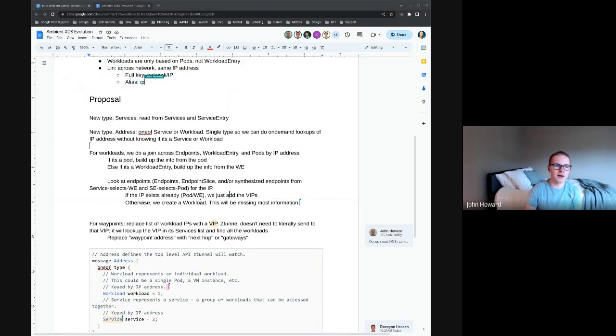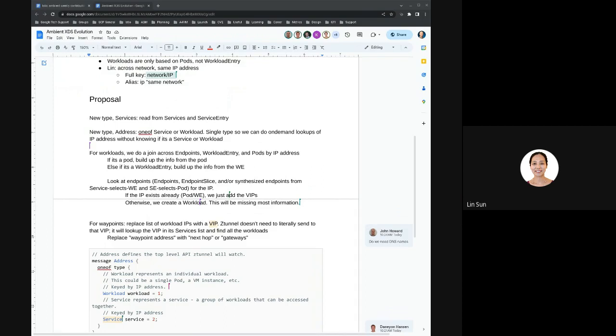And then we would allow zTunnel to also query just by the IP, which implicitly means the same network. Actually, now that I'm typing this out, there's no need for that. The zTunnel can always just request its own network name/IP. So maybe this is all too complicated, and we just make the key the network and the IP. zTunnel knows that it's almost always going to request its own network when it's doing on-demand lookup. Sorry, I don't know if this made any sense. It was a really train of thought.